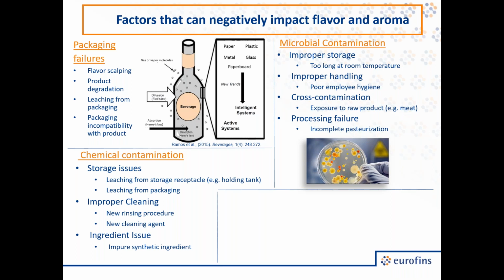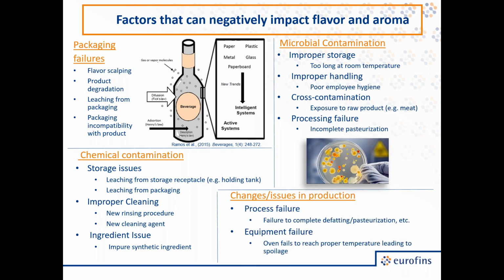And it should be noted that both chemical and microbial contamination can occur both during processing, packaging, transportation, and storage of this product, as well as on the consumer side. So once a consumer purchases a product, if they don't store it properly, they can also see chemical and microbial contamination. And this isn't necessarily a failure of your process, but rather a consumer issue.